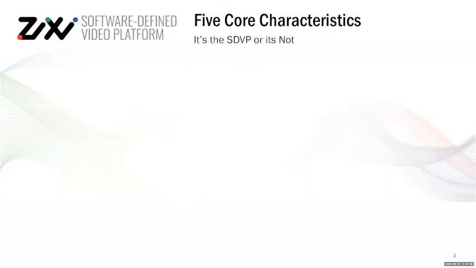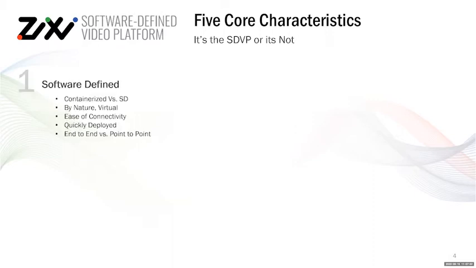So what are the characteristics? How can you tell whether or not it's a software-defined video platform? Number one is it software-defined, right? And so software-defined it's a truly native cloud software environment. It's not a containerized hardware that's forklifted into a container to make it look like software.